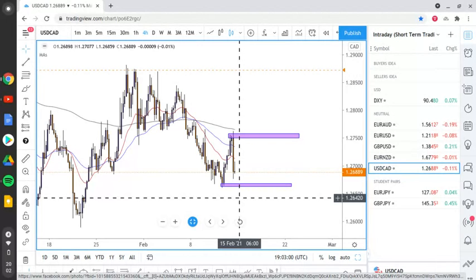Having mechanical strategies, having the kind of thought process, right? Okay, well, I'm only going to trade with the trend. That is totally fine. Now, I am 80% of the time like that.